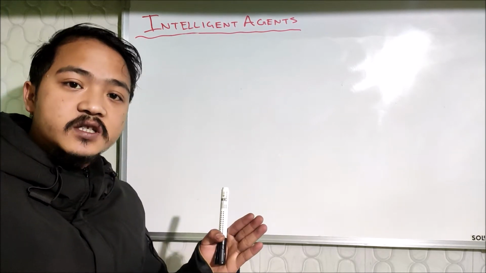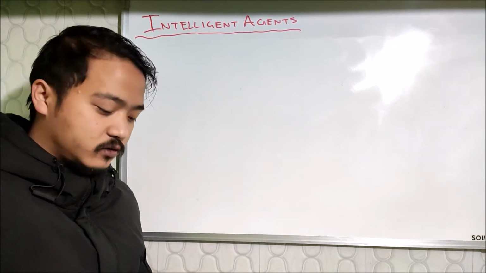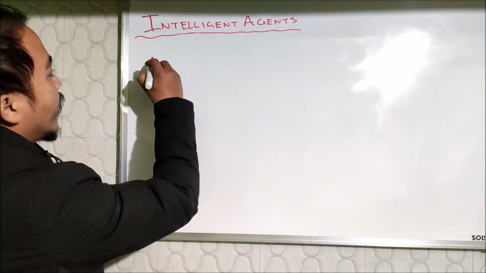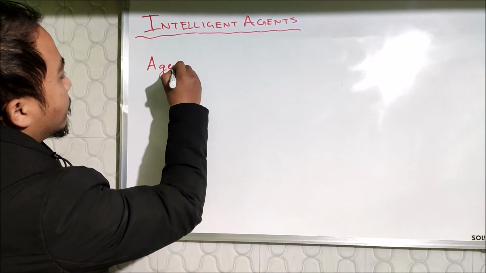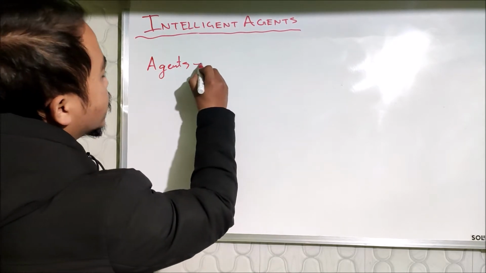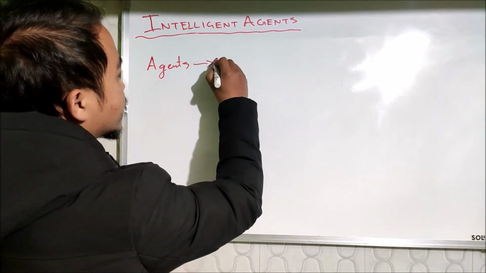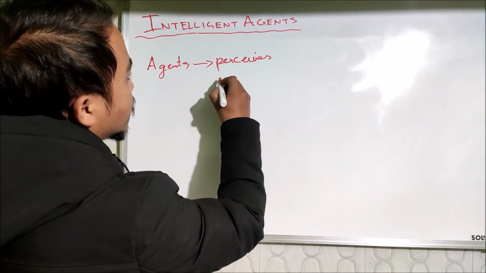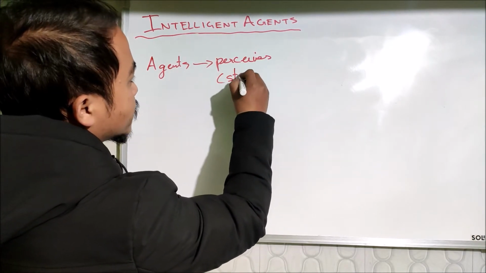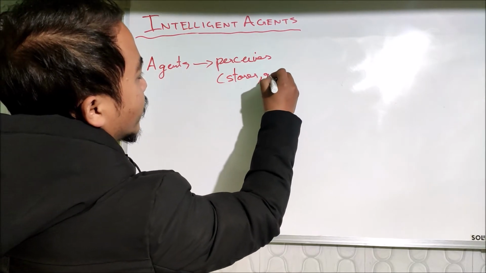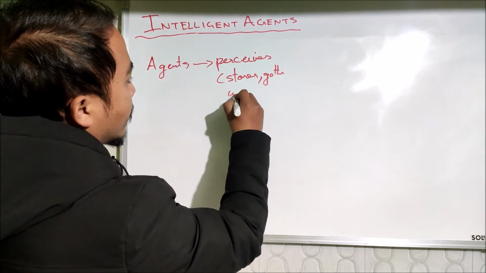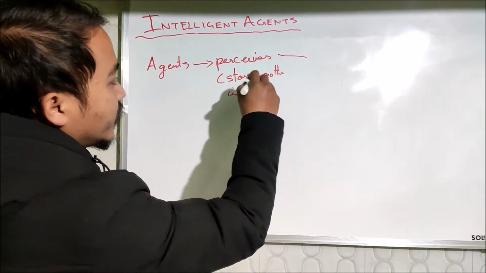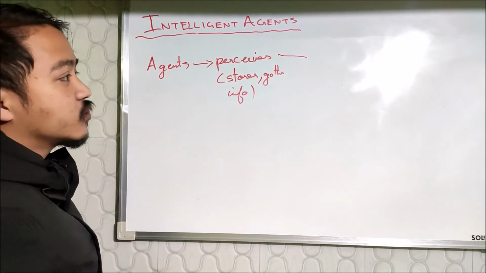On the basis of the situation, they perform an action. All right, let's simply write it down here. Agents perceive or store, let's say gather, information. After it has perceived or gathered information, what does it do?